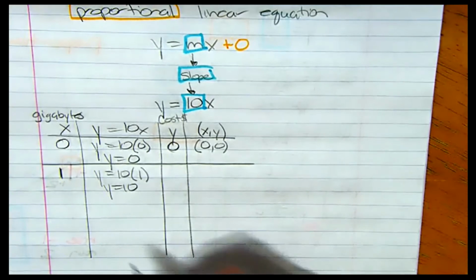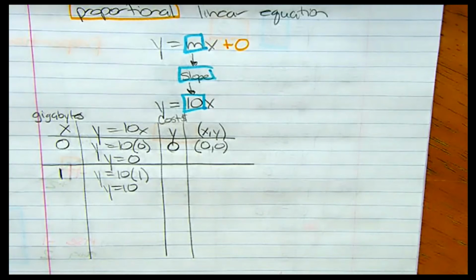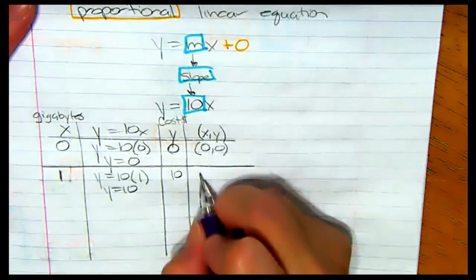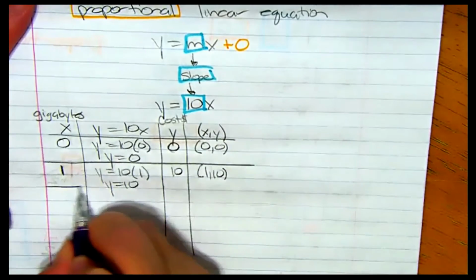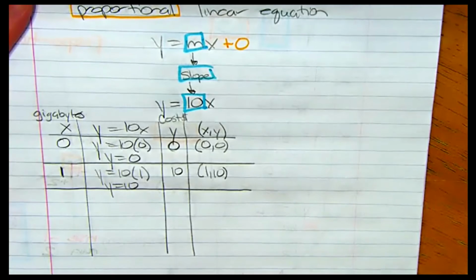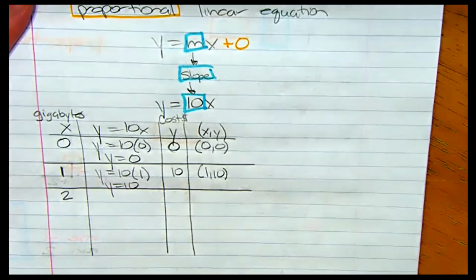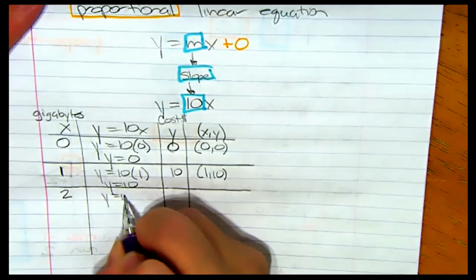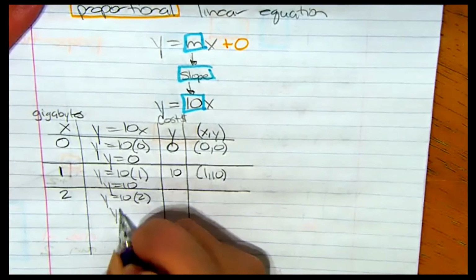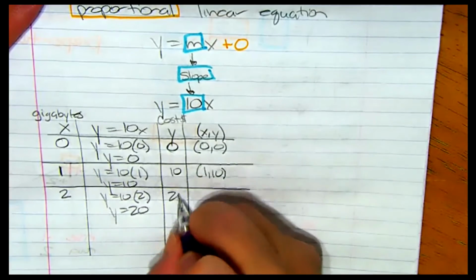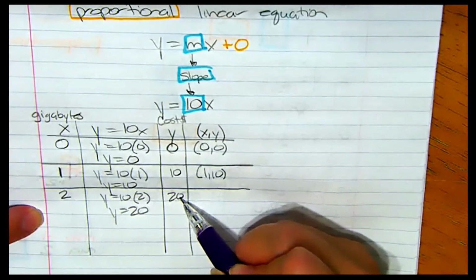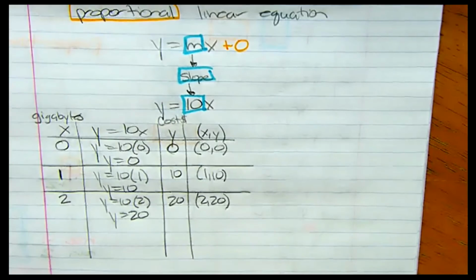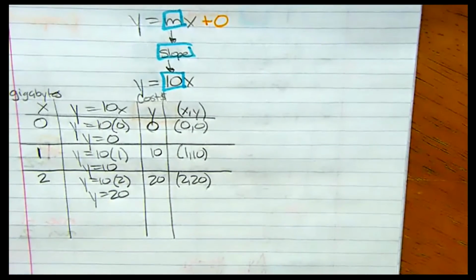So 1 gigabyte is going to cost me $10. Okay, so my ordered pair is 1, 10. How many will 2 gigabytes cost me? Let's substitute 2 for x. y is 20. So 2 gigabytes is going to cost me $20. So we created our table.